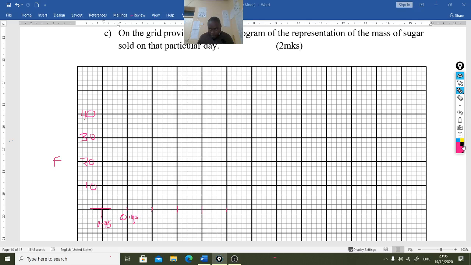Let me write the next ones: 0.95, then 1.45, then next is 1.95.